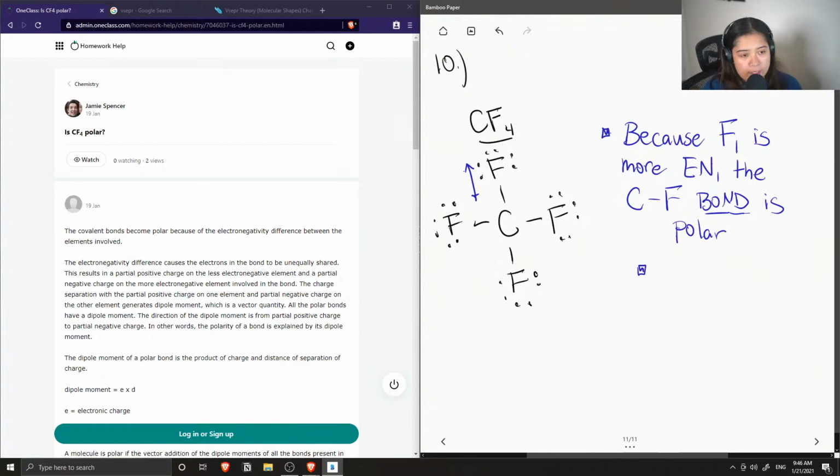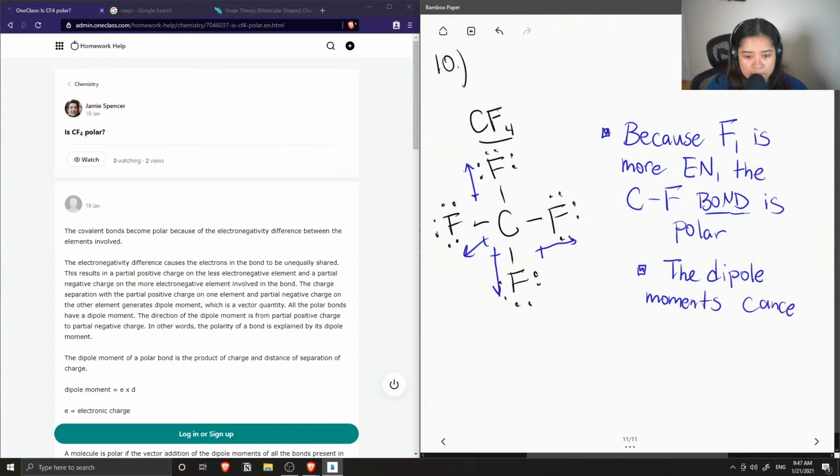But if we look at the molecule as a whole, you'll notice that these dipole moments will cancel each other out. So the dipole moments cancel each other out in carbon tetrafluoride.